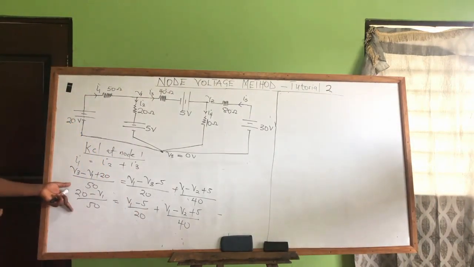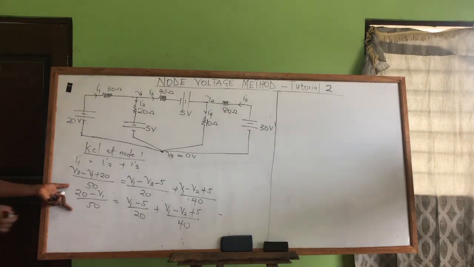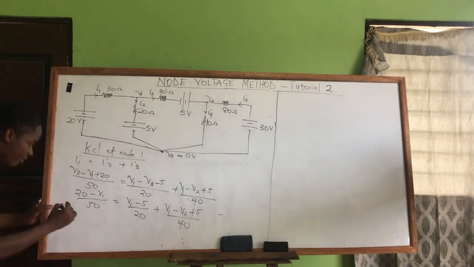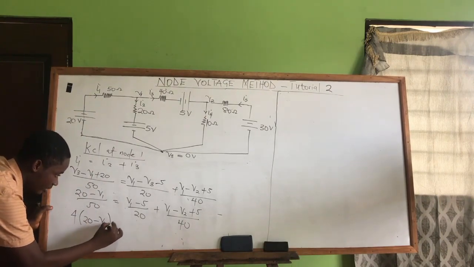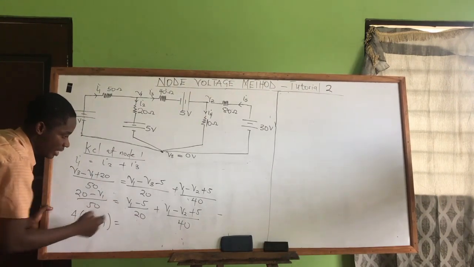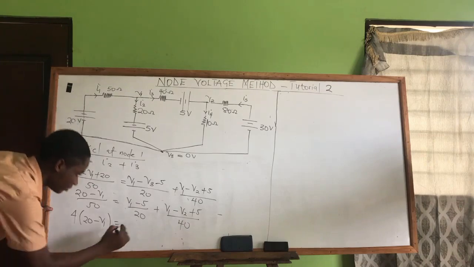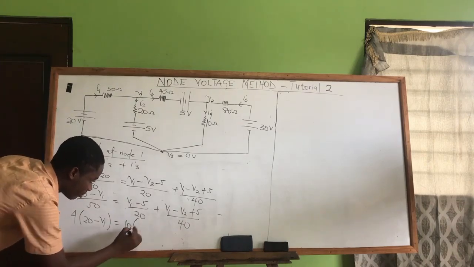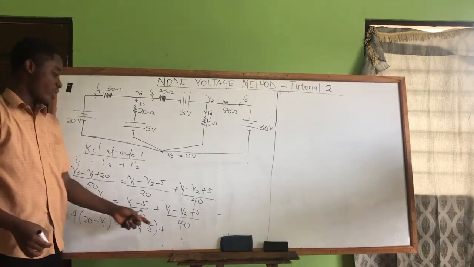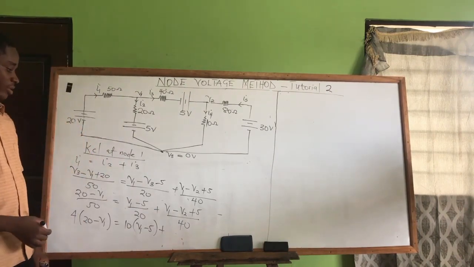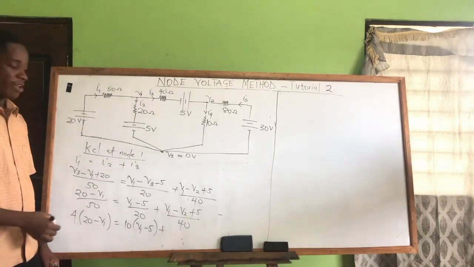So let's multiply this place by 200. The 50 will go into 200 four times. So 4 multiplying 20 minus V1. 200 multiplying this one will get 10. We have 10 multiplying V1 minus 5, plus 200 multiplying this one, we can get 5.